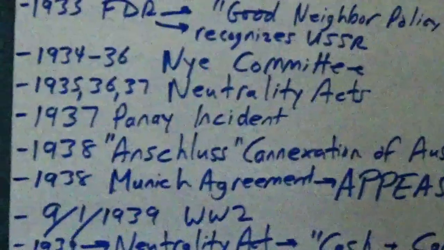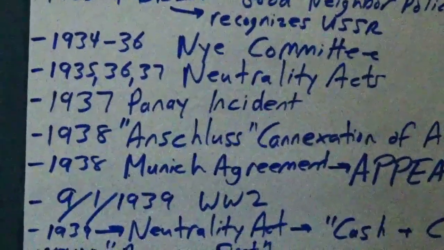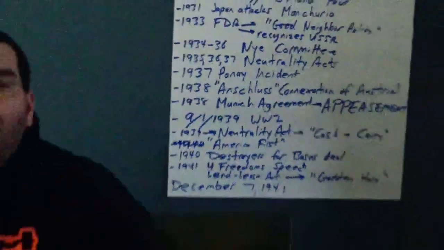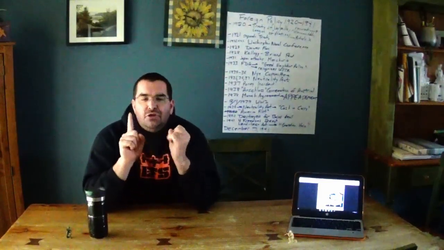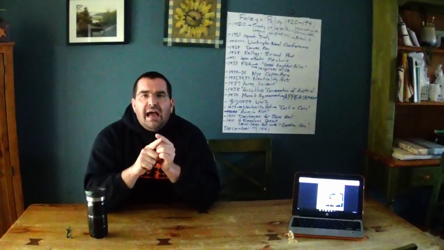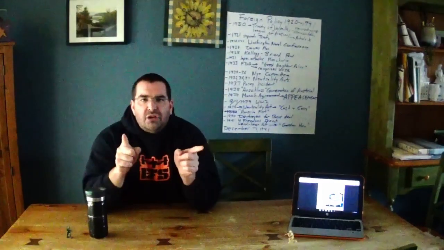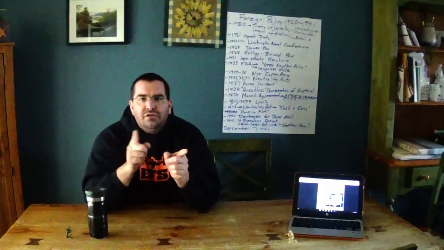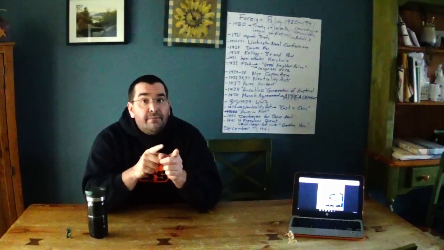In 1935, 36, and 37, Congress passes and FDR signs, albeit reluctantly, what we call the Neutrality Acts. The Neutrality Acts are so important they're going to be on your Regents even. The Neutrality Act said, look, if two nations go to war, you are not allowed to sell weapons to either nation. It doesn't matter who's right, who's wrong, who's good, who's evil, or who started it.